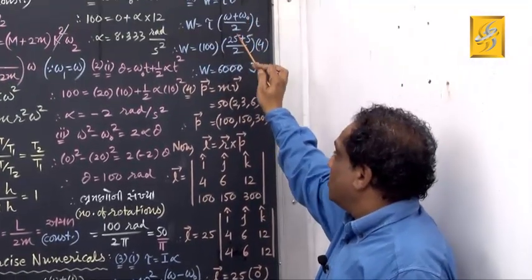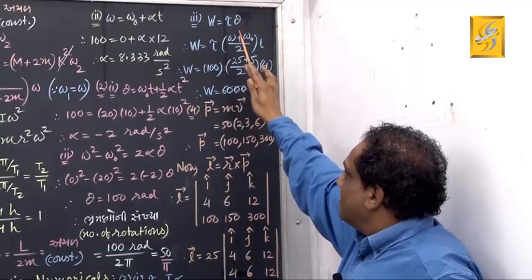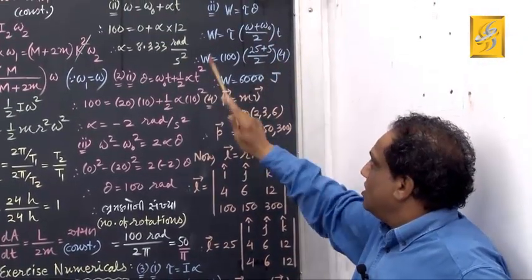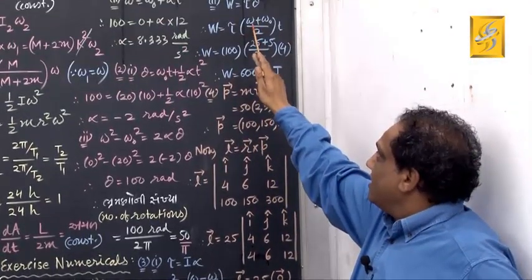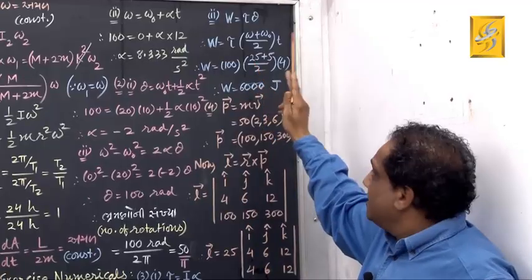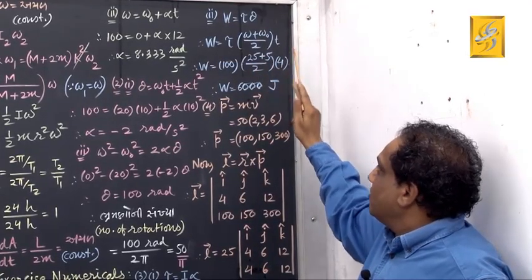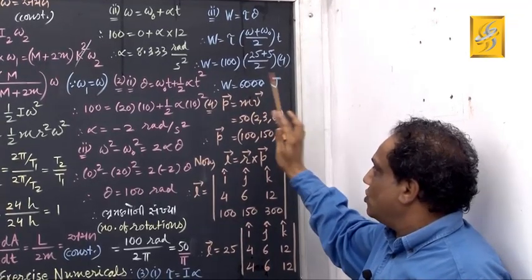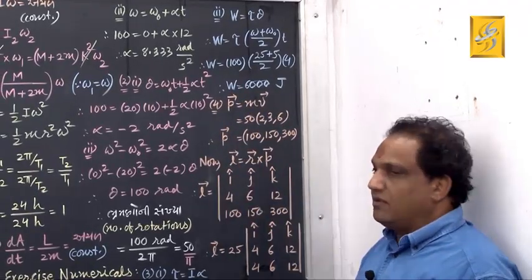Torque we have found out is 100 Newton meter, final angular speed is 25 radian per second, initial angular speed is 5 radian per second, divided by 2 as it is, and the time given is 4 seconds. Simplify. Answer is 6000 joule. SI unit of work done is joule. Correct? Read now number 4.